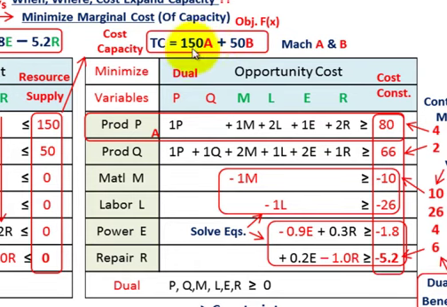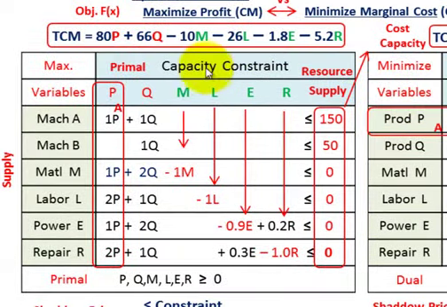So now let's do our conversion for, in this case we call it opportunity cost. We're really moving our columns into rows. So going back to our capacity constraint problem, I've got the different columns laid out here, P, Q, and so forth.